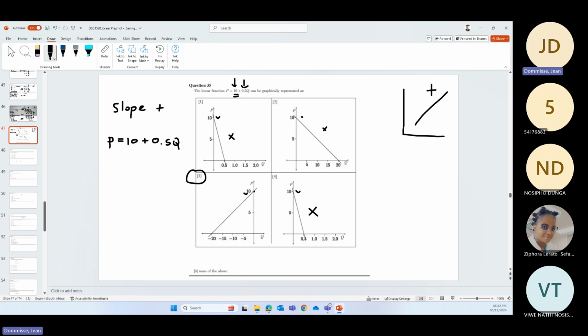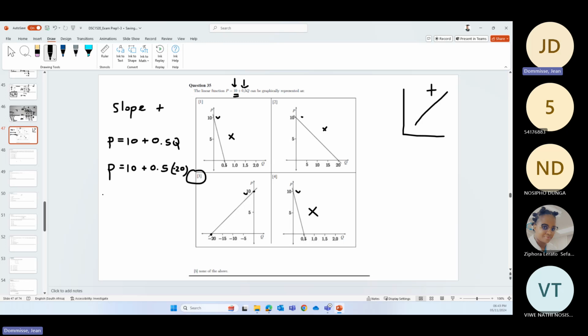So for that 10, the Q is 0. Cool, we got the P as 10. So let's just look at the other point. So if we say that Q is 20, okay, sorry, Q is minus 20 because it is lying on this side.